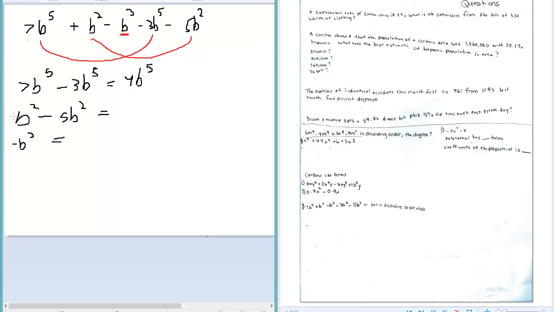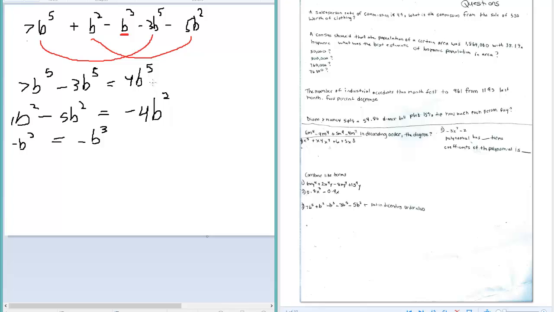Remember, b to the degree of 2 has a coefficient of 1. If a letter does not have a number next to it, always remember that the coefficient is 1. So technically, we will be subtracting 5 from 1, so it'll be -4b to the degree of 2. And of course, -b to the degree of 3 remains as is.